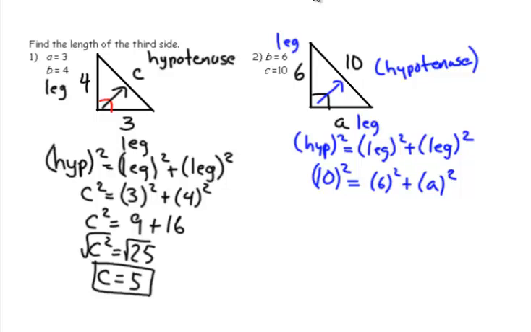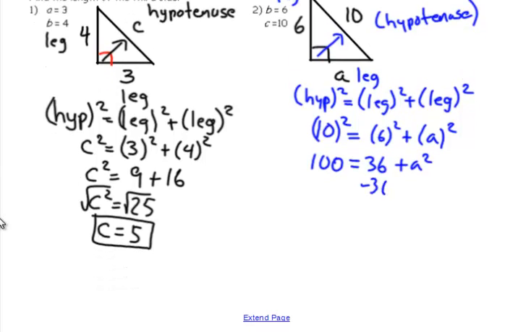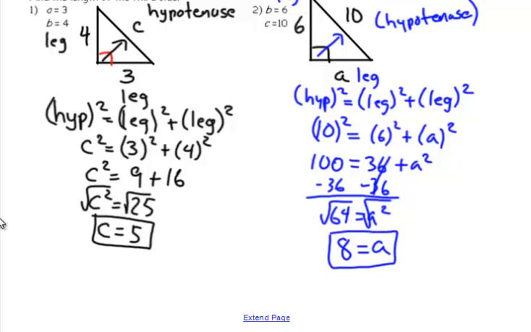And so 10 squared is 100. 6 squared is 36 plus a squared. So we're going to solve this using inverse operations. We're going to subtract 36 from both sides. Gives us 64 equals a squared. We're going to take the square root of that, and the square root of 64 is 8. So the side of our triangle is 8.